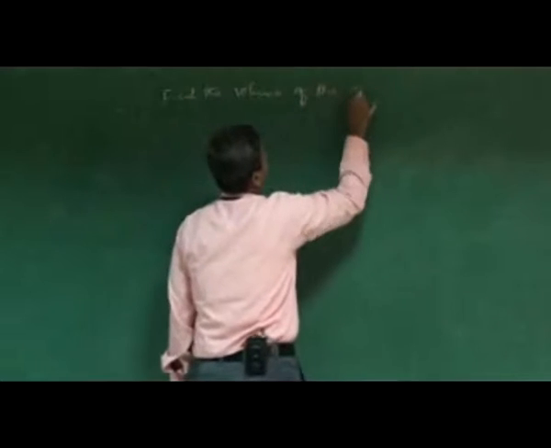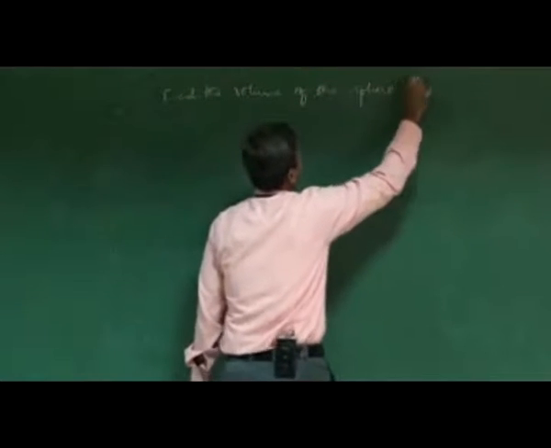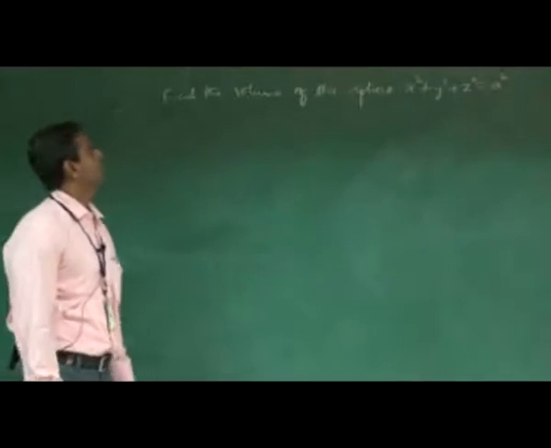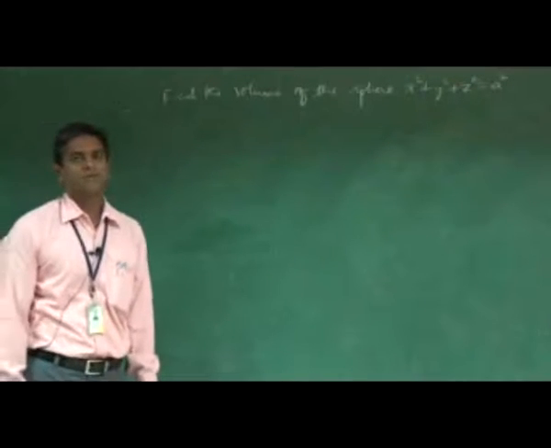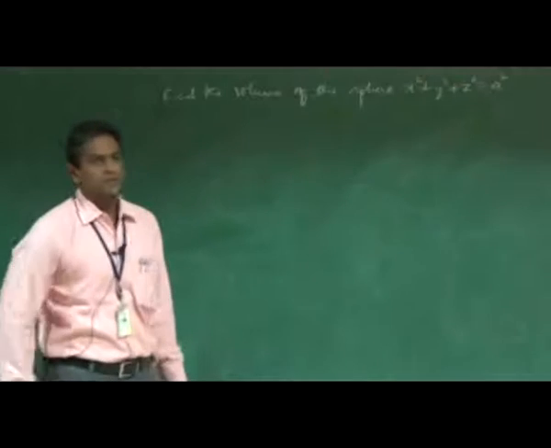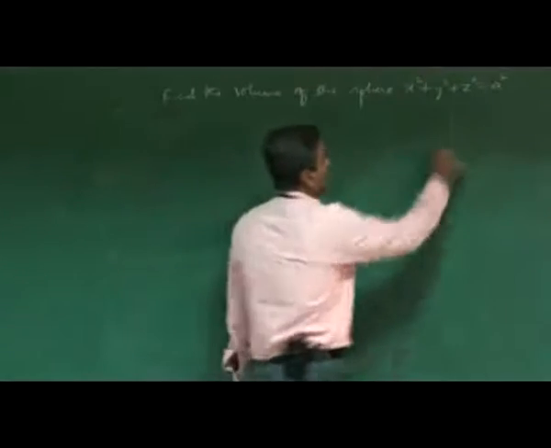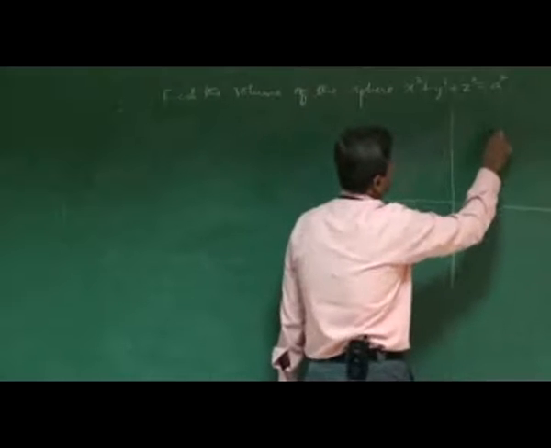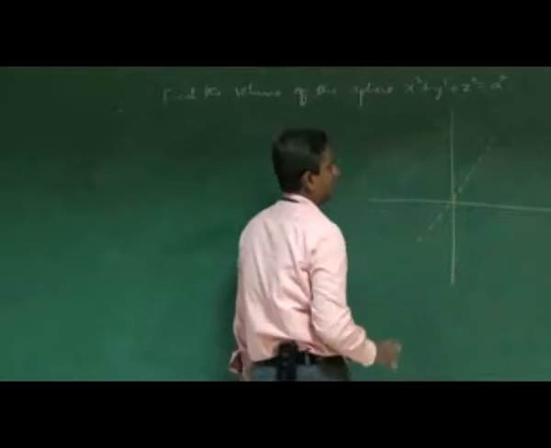Find the volume of the sphere x squared plus y squared plus z squared equal to a squared. See how to find the volume of the given sphere. In this case, we take the sphere in 3 dimensions, with the x axis, y axis and z axis.